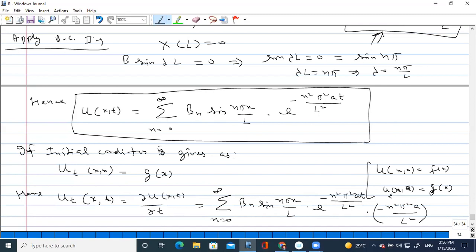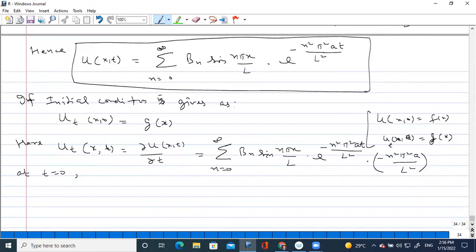Now in that you can put t equal to 0. u_t(x,0) will be known as g(x), and that will be how much?